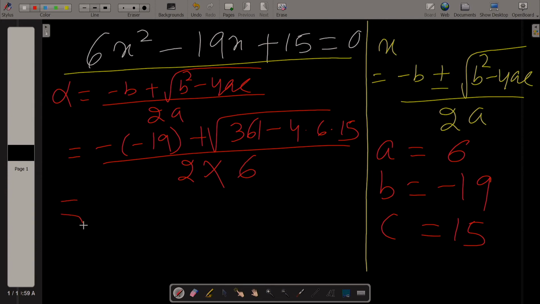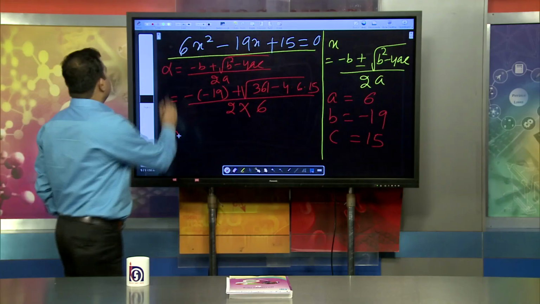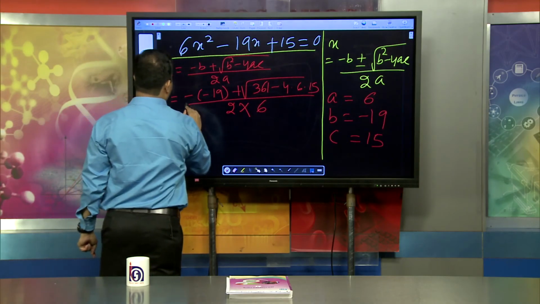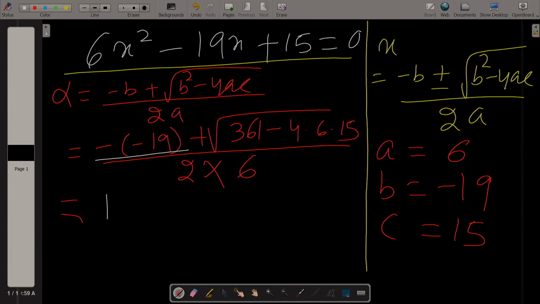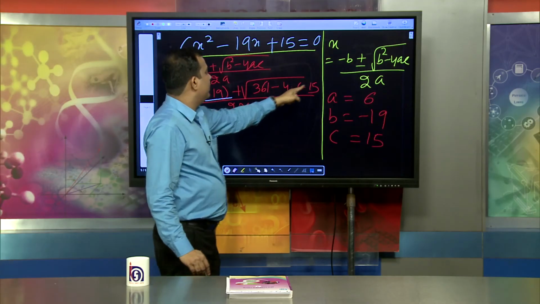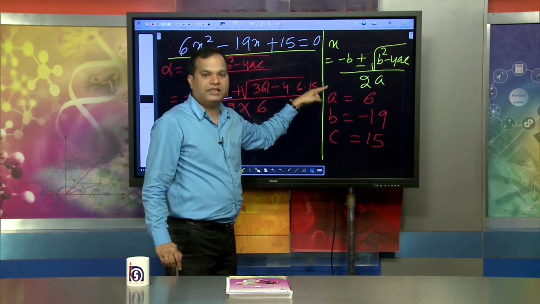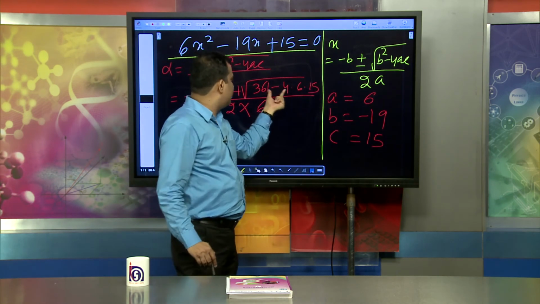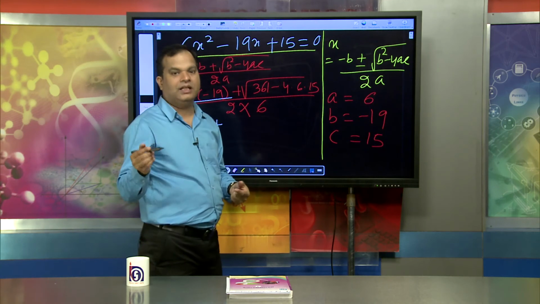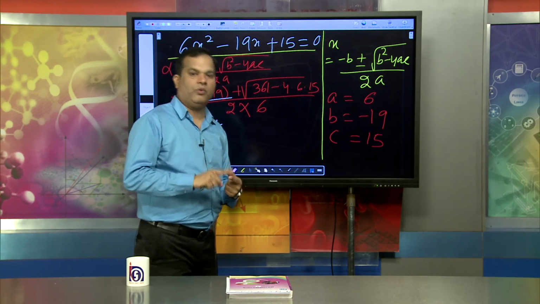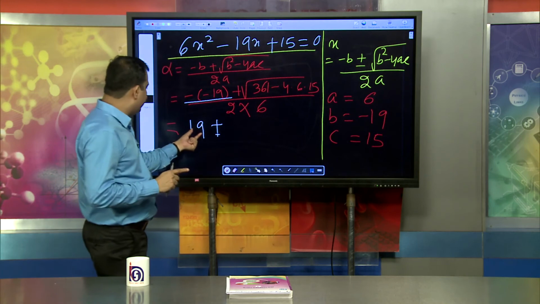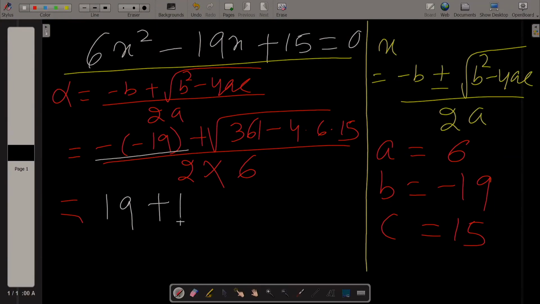So, dear learner, what will we find? Minus of minus 19 is plus 19, plus the square root of 361 minus 6 into 4 into 15, and that value is 360. So 361 minus 360 is 1, and the square root of 1 is 1. So I can write (19 + 1) divided by 2 into 6, that is 12.